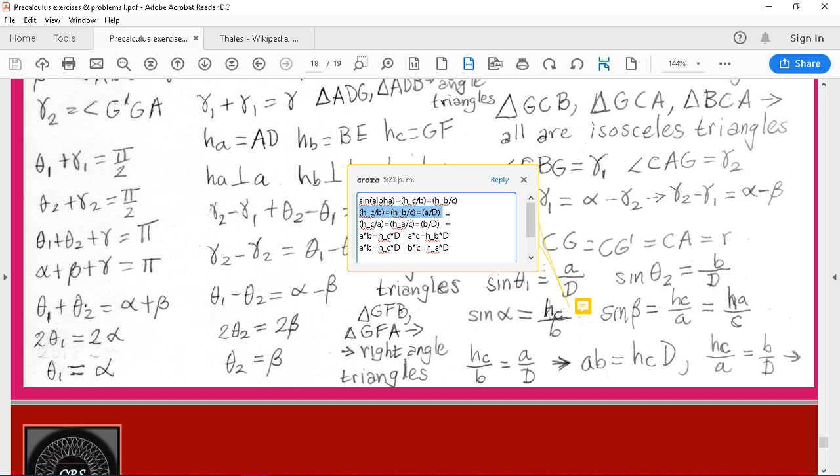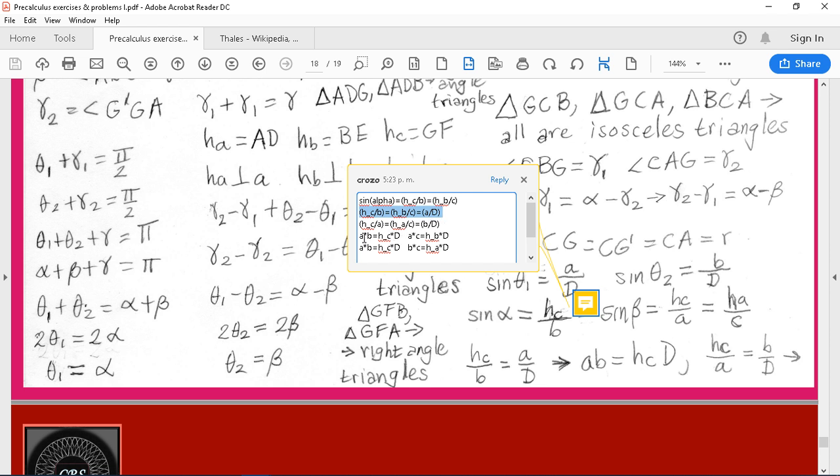We also have that theta 2 equals beta, so sine of theta 2 equals sine of beta. So that means that hc over a equals ha over c equals b over d. Okay, so all we have to do now is send the denominators to multiply on the other side.